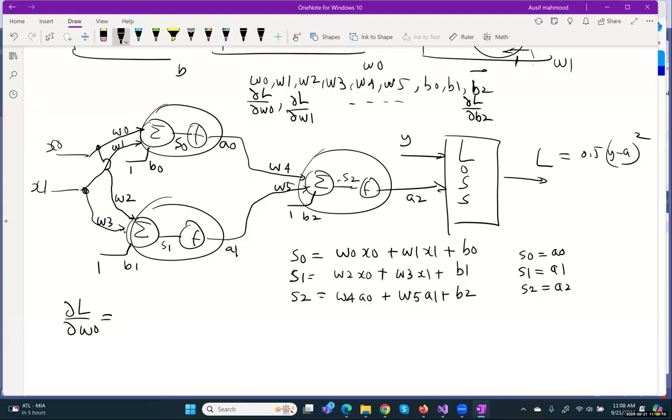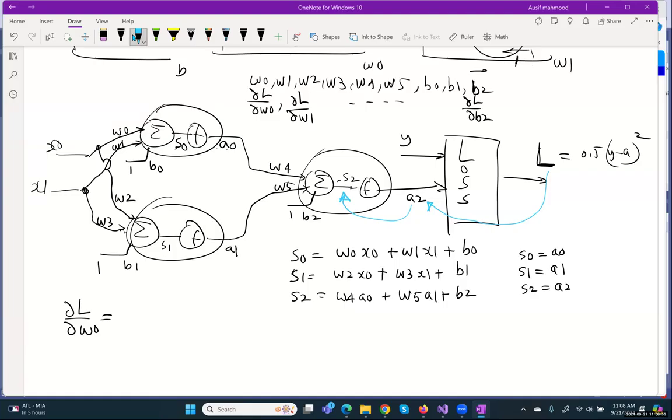Okay, so see, L loss is over here, right? And where's W0? All the way towards the input. So like I said, you'll keep going back one step at a time, right? So let me use the blue color to show you how we will go back. From L, we'll go back to A2, then A2 to S2.